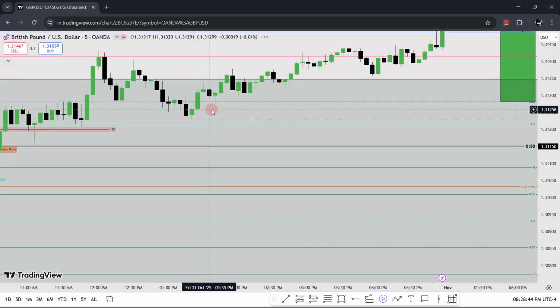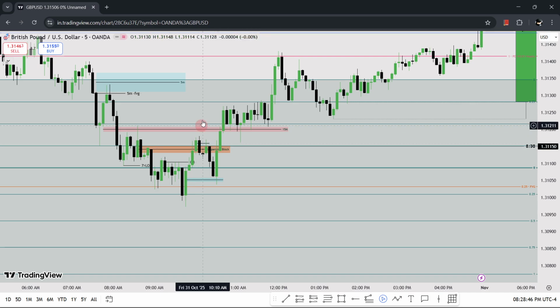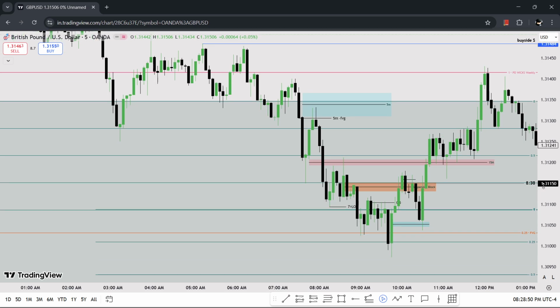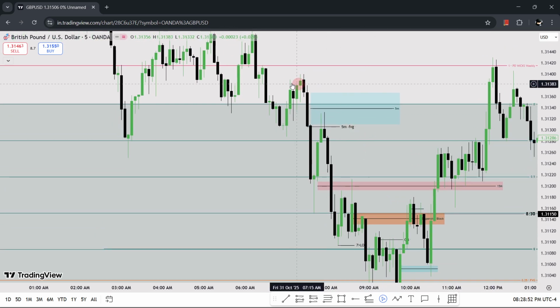On the 5-minute chart there is not a lot of information. Low, higher high, lower low. We can consider this as a low. Short-term high, higher high, lower low. It came to that breaker and that 5-minute fair value gap.